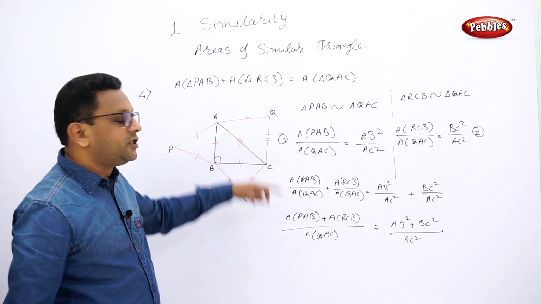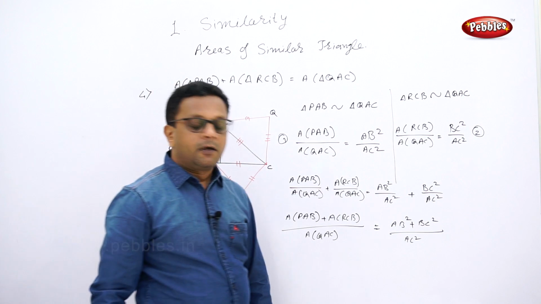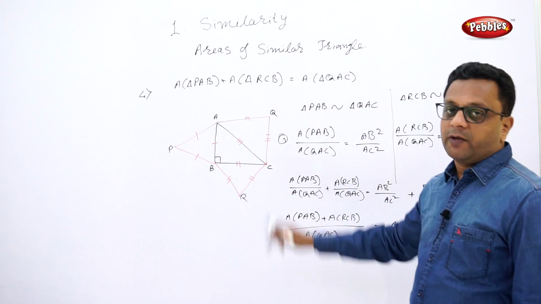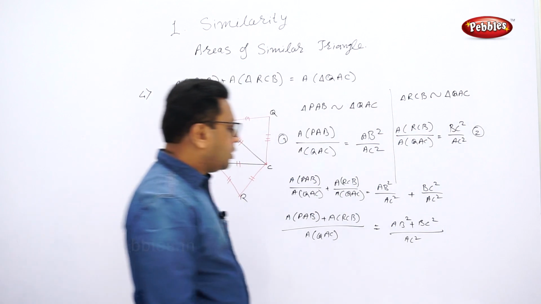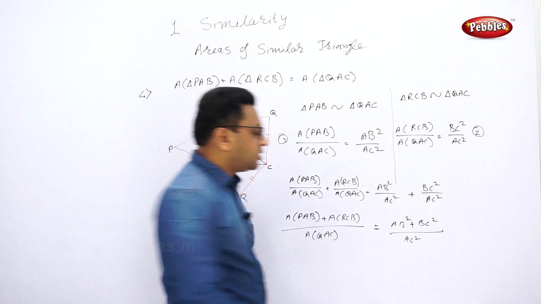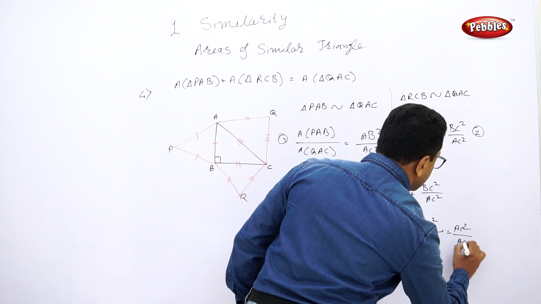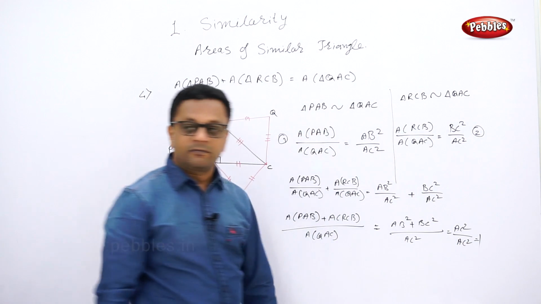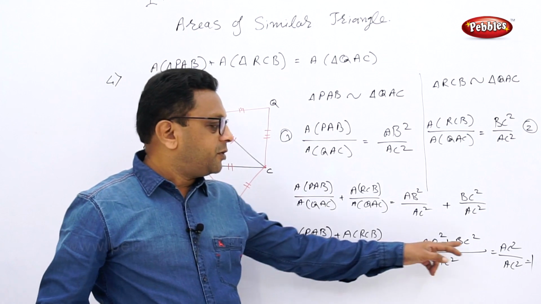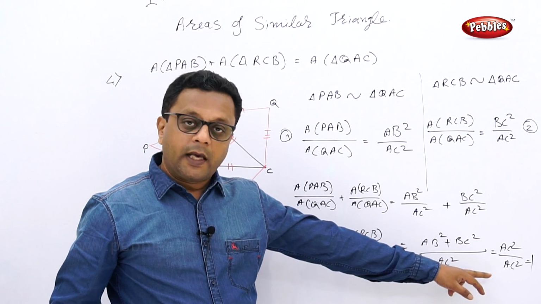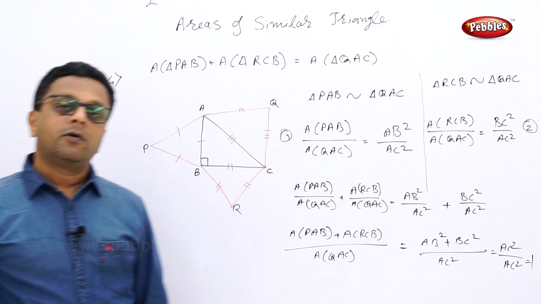By Pythagoras theorem, we know that it is nothing but AC square, right? So here I can write AB square plus BC square is equal to AC square upon AC square, that is equal to 1. So AC square upon AC square is nothing but equal to 1.